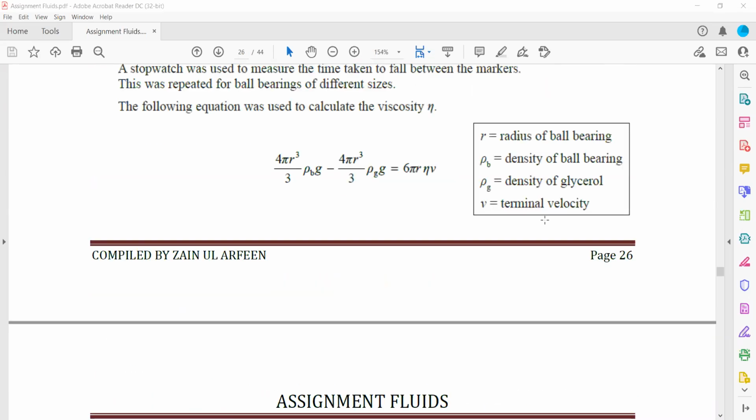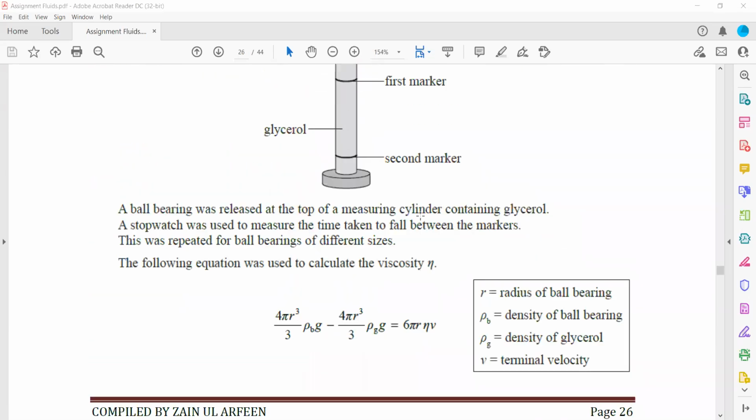So when you see the equation, this is the original equation. So how can we use the results and the graphical method to work out the viscosity?